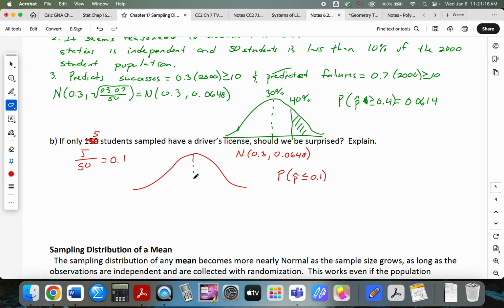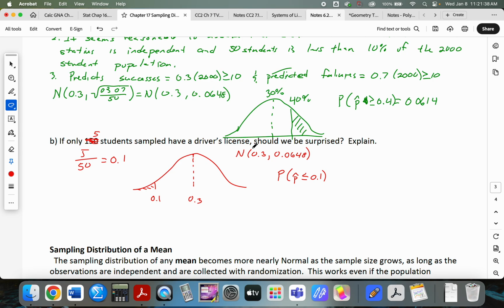So here's 0.3. What's the probability that we're going to be in here, less than or equal to 0.1? And that's how you show your work on the AP exam.